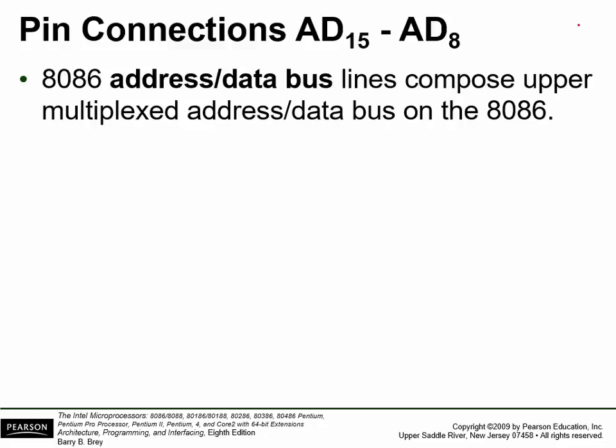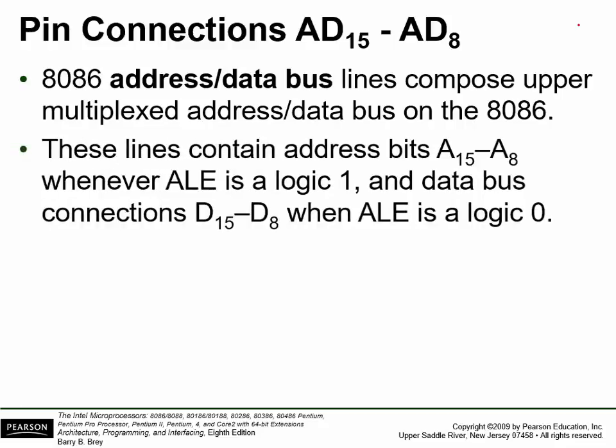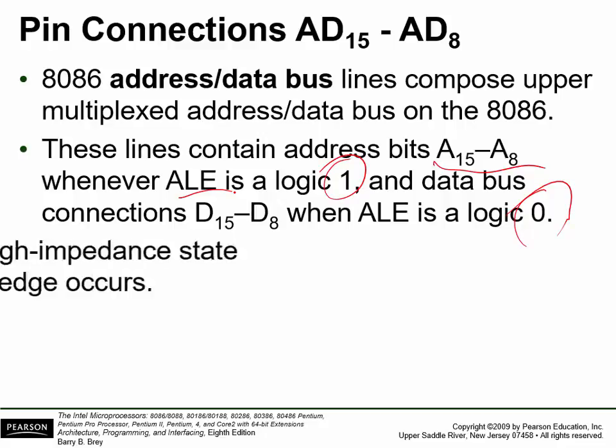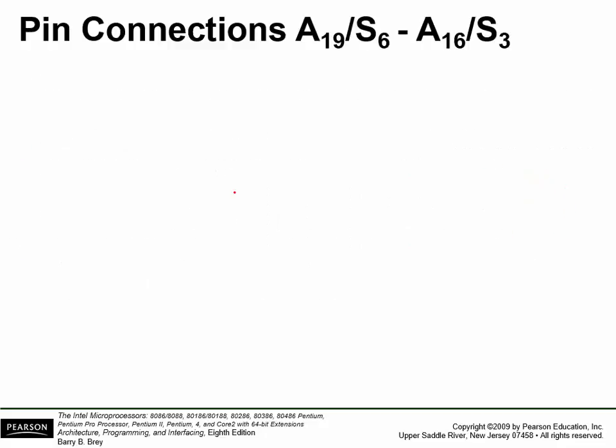On the 8088, you've got AD0 through AD7 and A8 through A15. So those contain address bits A8 and up. Again, looking at the ALE, they operate the same way. And these are the other 4.